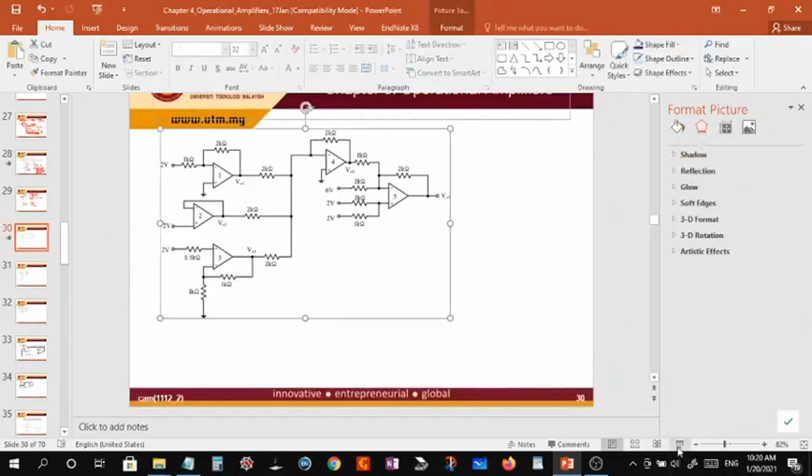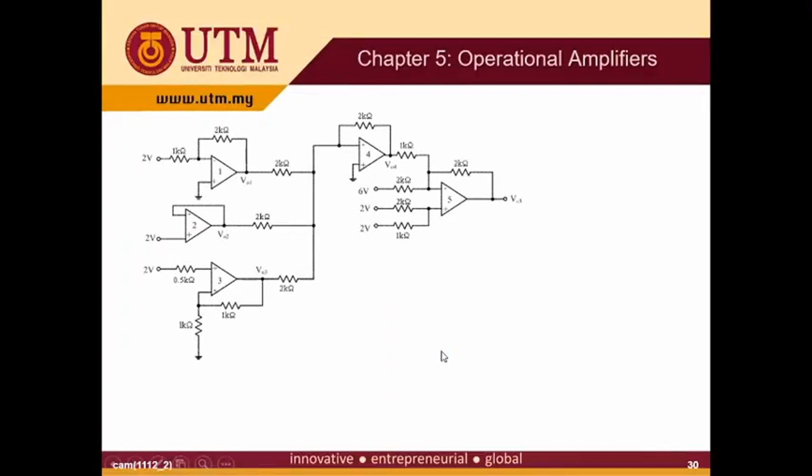Okay, we do op-amp number 3. We only focus on this area.